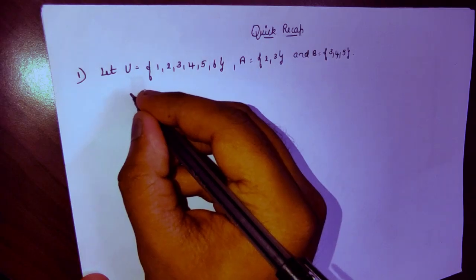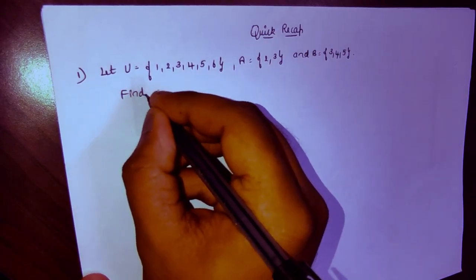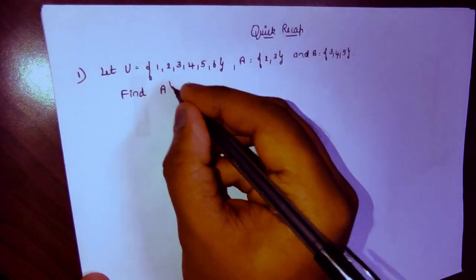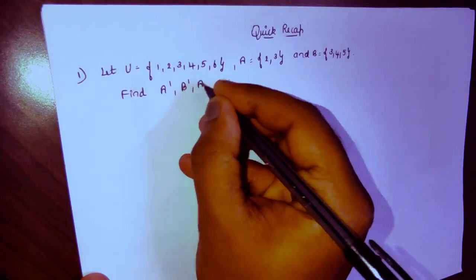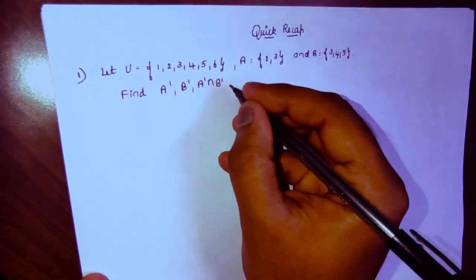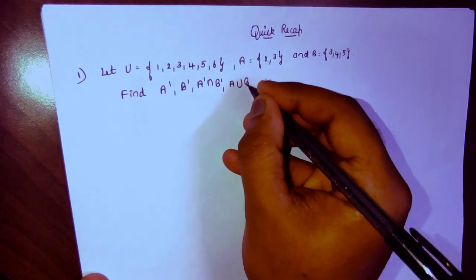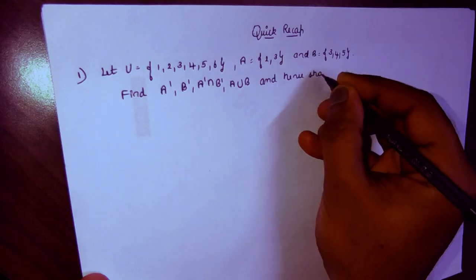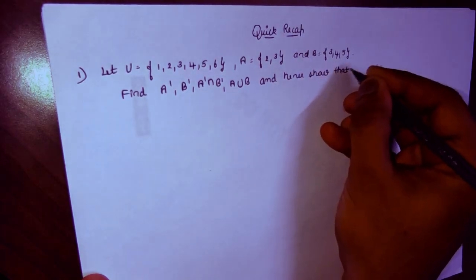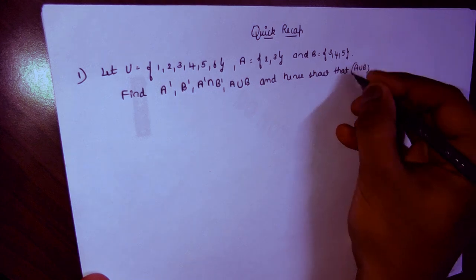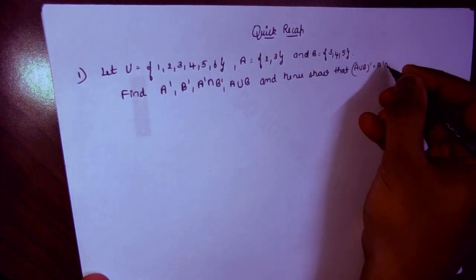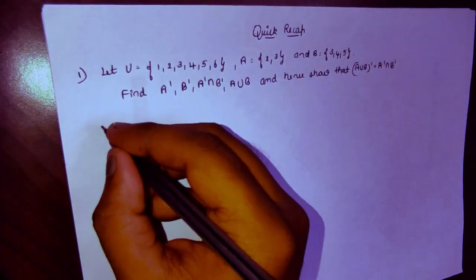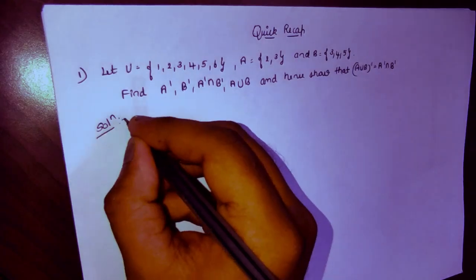They are asked in the question to find A dash, B dash, A dash intersection B dash, A union B, and hence show that (A union B) dash is equal to A dash intersection B dash. Now we will see how to solve this question.